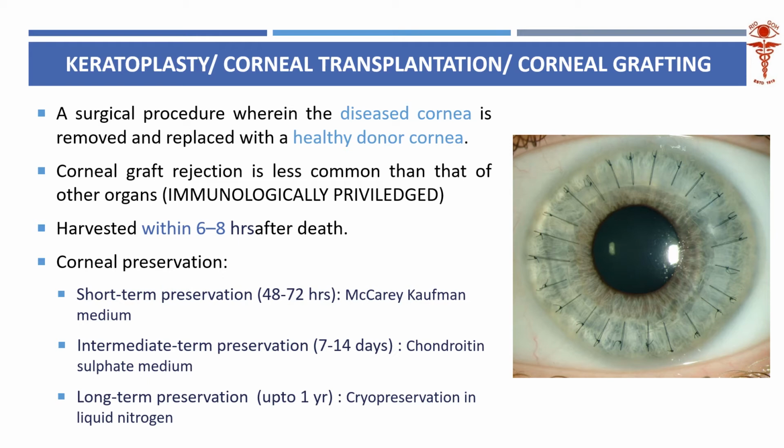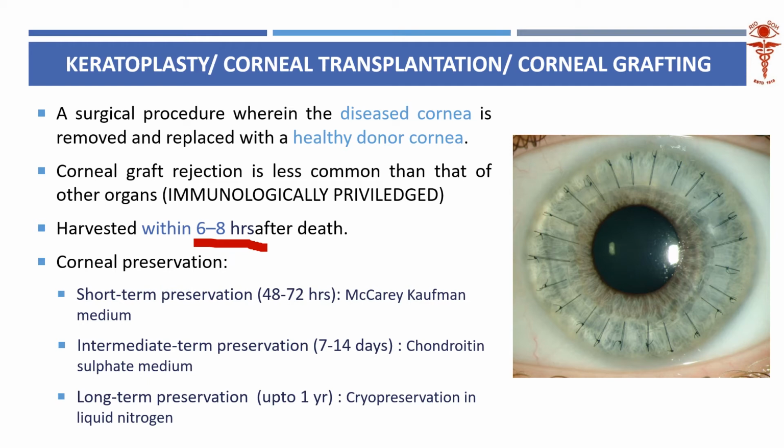6 to 8 hours after death occurs, if the relatives of the dead person immediately phone an eye bank, the eye bank will send an enucleation team. That team will go and get the corneoscleral button of the person and store it in moist saline chambers and bring it to the eye bank.